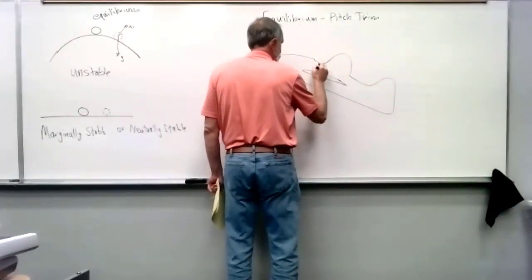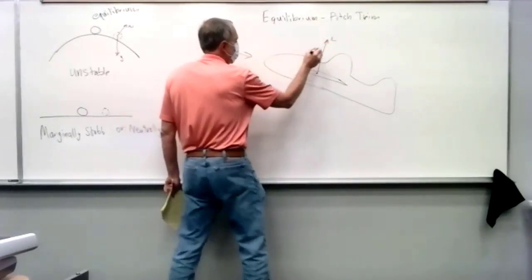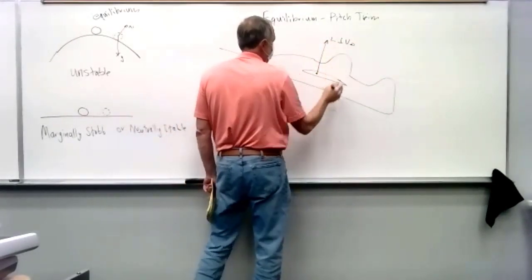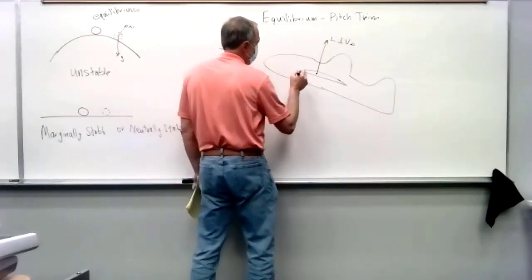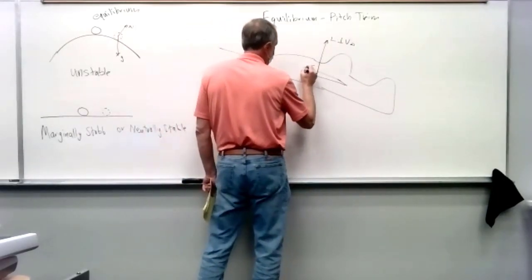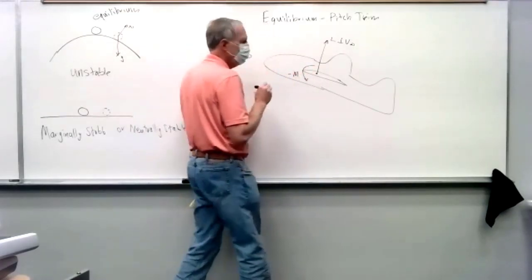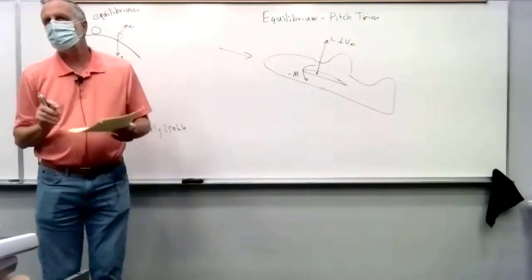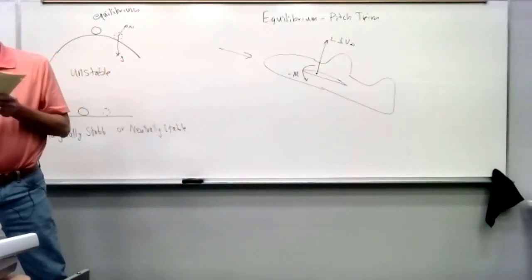And so the lift is acting here, of course, perpendicular to V infinity. But if we look at the charts for airfoils, if we make wings out of airfoils, you'll see that some of them, especially a non-symmetrical airfoil, has a negative, a nose-down pitching moment.